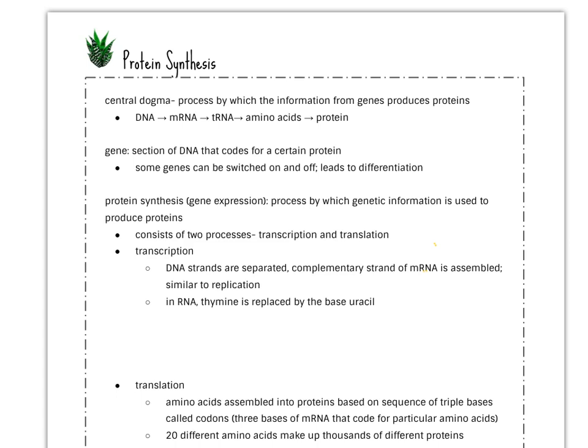So, basically, protein synthesis goes over how it goes from DNA to expressing the proteins that enhance your traits and things like that, okay? Because remember, proteins have lots and lots of functions, but a lot of them are just to make up us. So without proteins, we would not be okay. We would not be living.